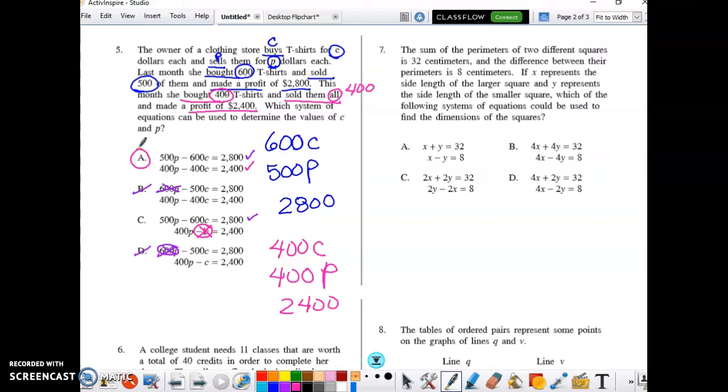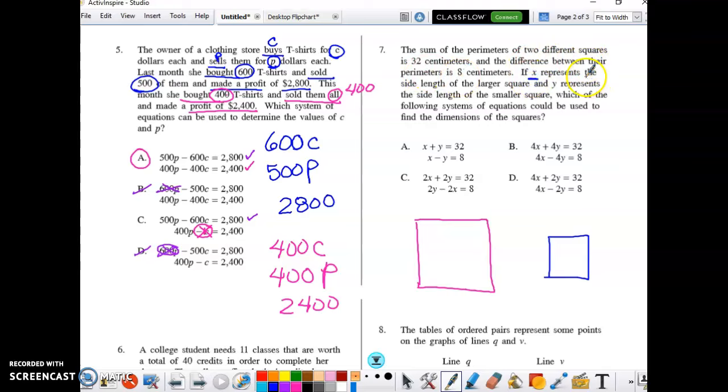Continue, problem number 7. The sum of the perimeters of 2 different squares. So I'm going to have to draw them so that I can explain them better. This is the big one, and this is the small one. Okay, it says the sum of the perimeters of 2 different squares is 32 centimeters, and the difference between their perimeters is 8 centimeters.